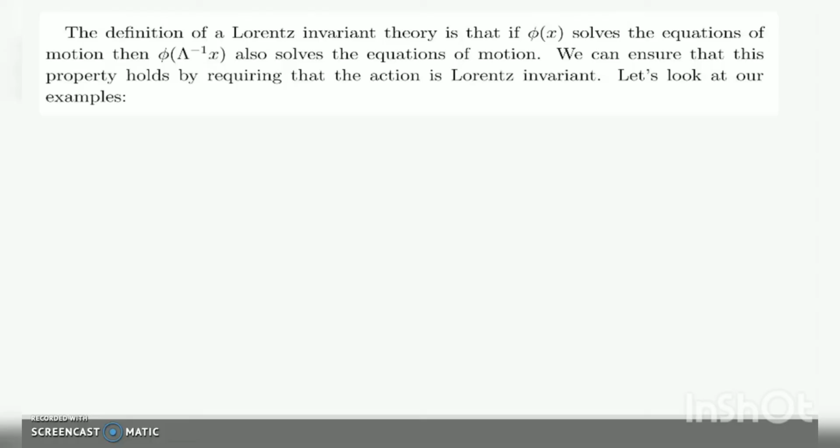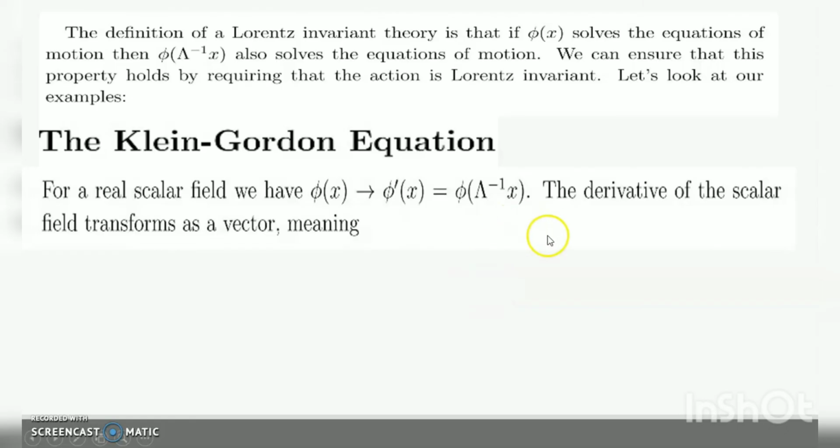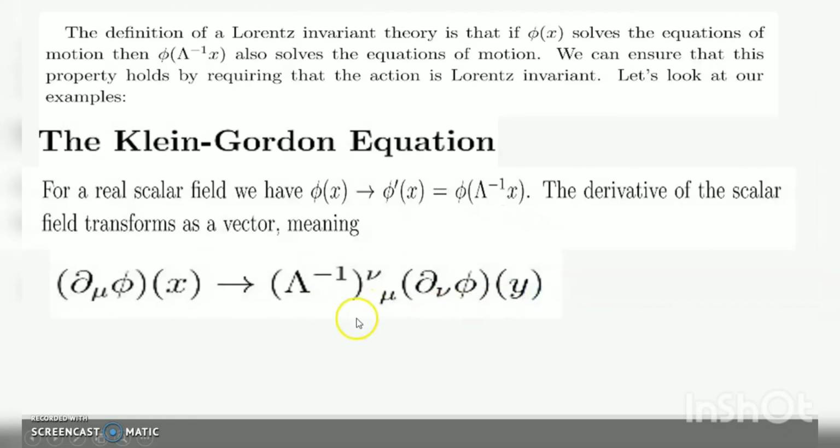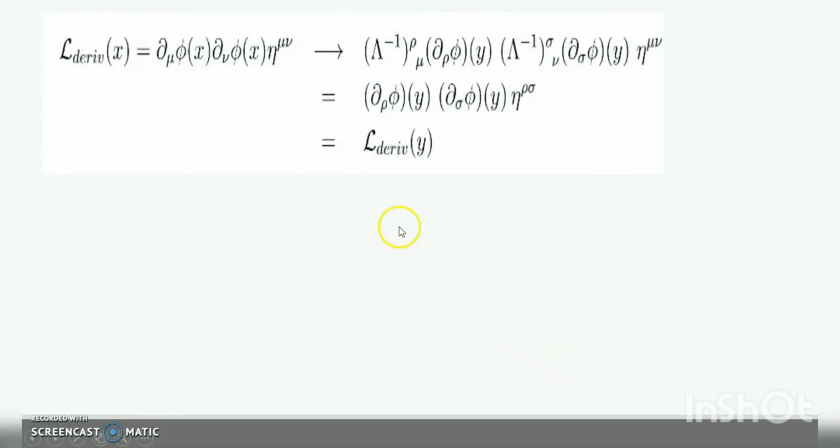Let's look at our example, the Klein-Gordon equation. I have already derived this equation in my Klein-Gordon video, under the Lorentz transformations. Please check my derivations. Phi(x) is equal to phi'(x). From this we get the Lagrangian identity, and next we get this value.